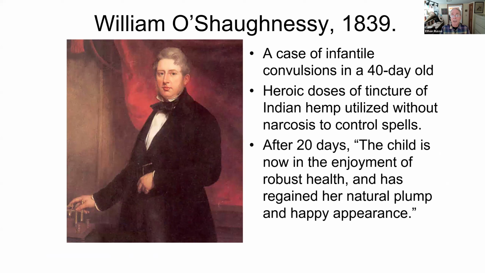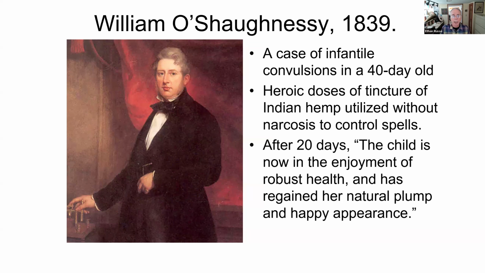Back to William O'Shaughnessy. A case of infantile convulsions in a 40-day-old infant. They used very high doses of a tincture of Indian hemp to control the spells without producing sleep itself. After 20 days, quote, "The child is now in the enjoyment of robust health and has regained her natural plump and happy appearance."